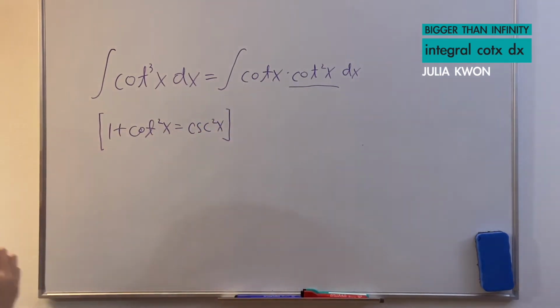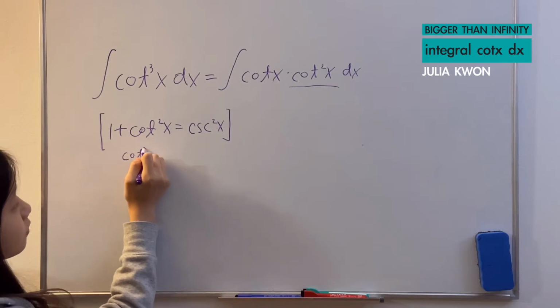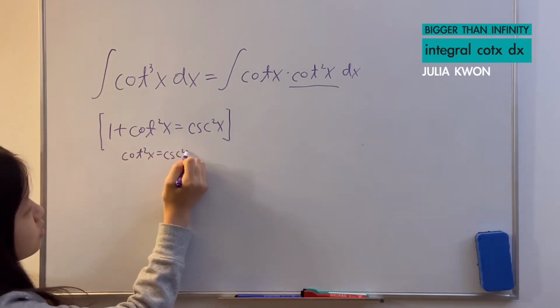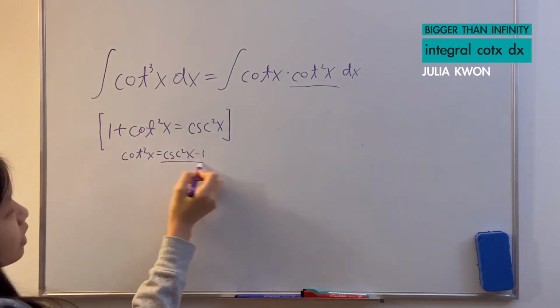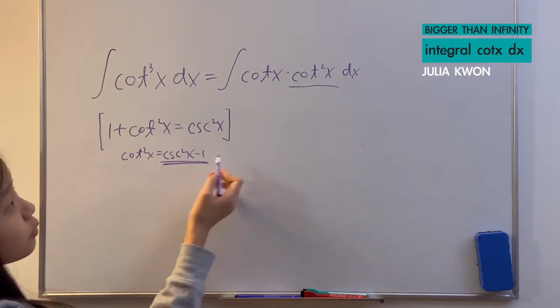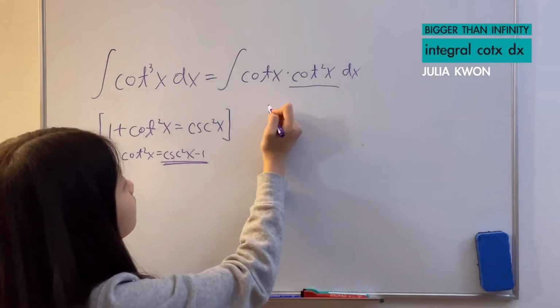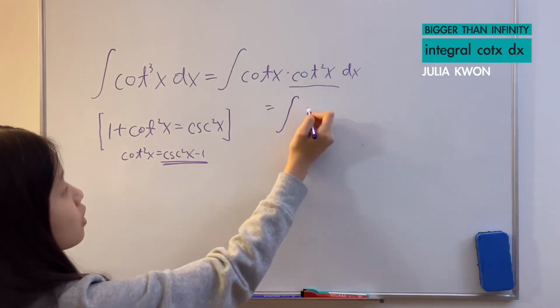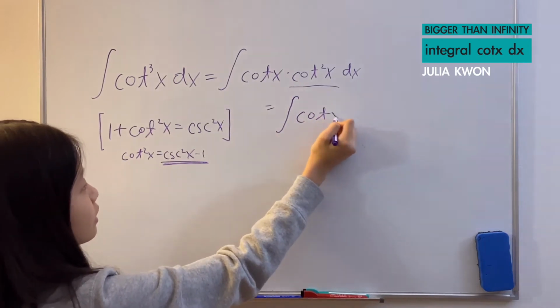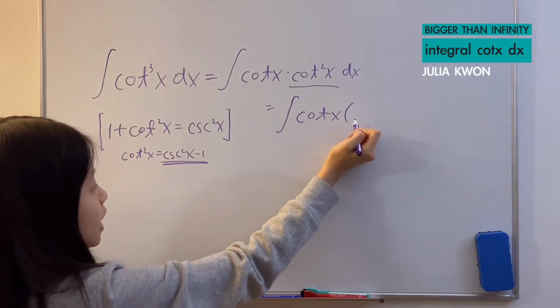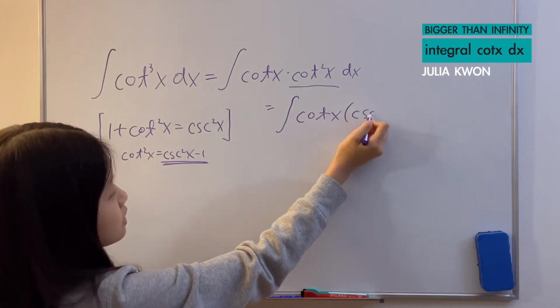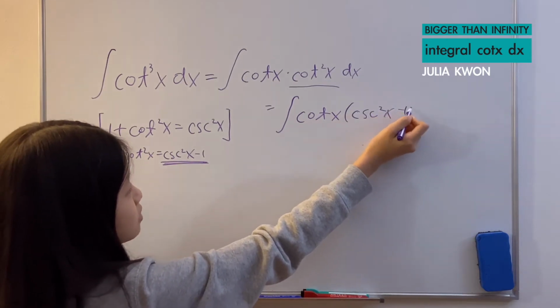Solving for cotangent squared x, we would have cosecant squared x minus 1. So we're going to replace cotangent squared x with this, and we would get the integral of cotangent x times cosecant squared x minus 1.